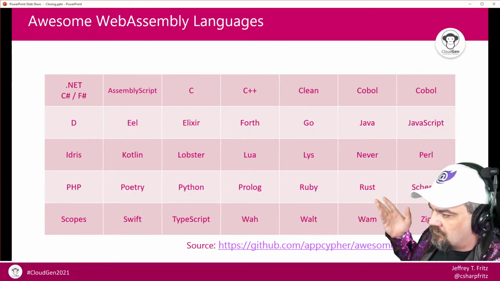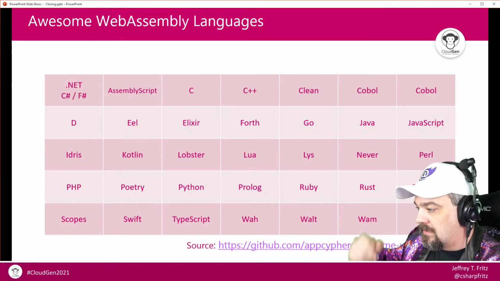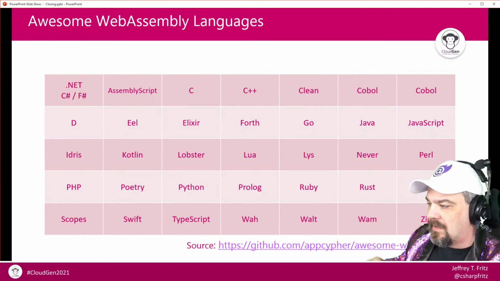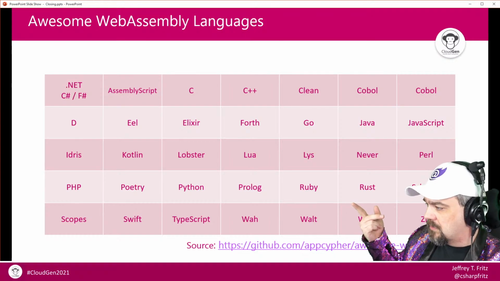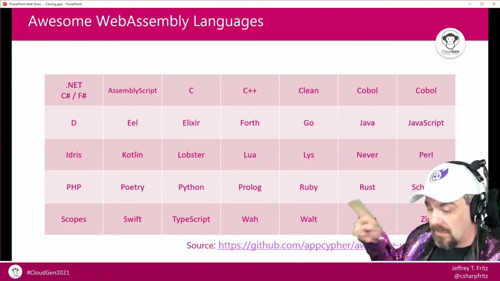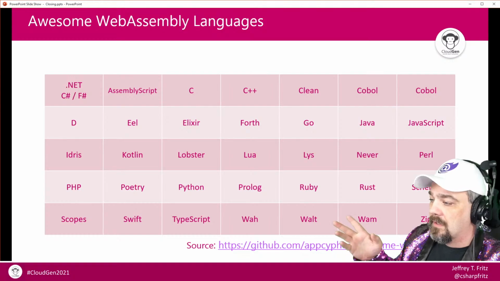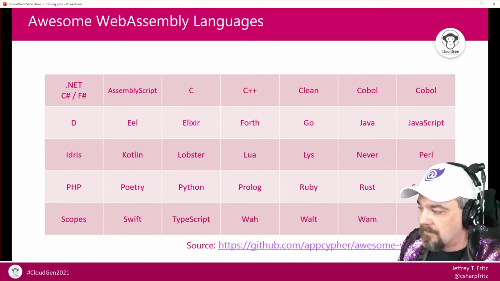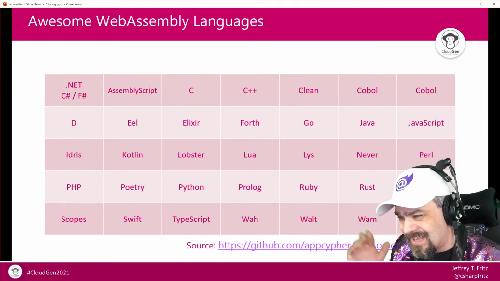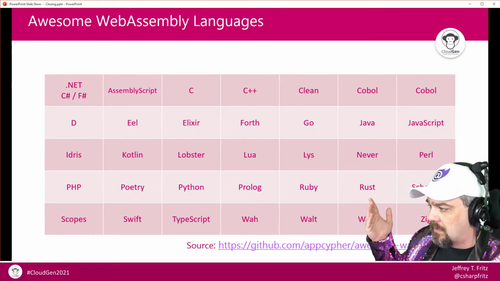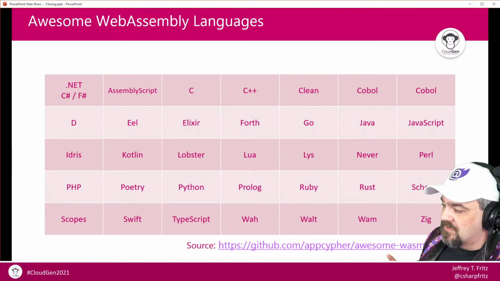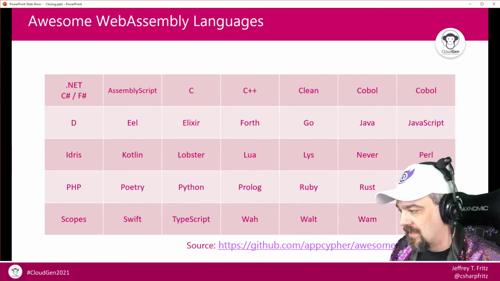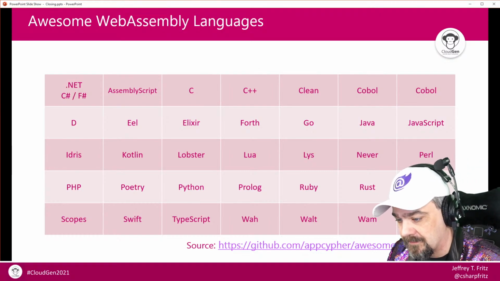But I mean, Rust, Ruby, Lua, TypeScript is over there, Python, Lobster. I've never used Lobster. Lobster is a programming language. It's not just a delightful dinner. That's right. You can use Lobster. Kotlin, of course, PHP, all these programming languages. It's not just one or two that you can use here to build and target with WebAssembly. And there's a list of awesome WebAssembly languages here that you can go to and check that out.